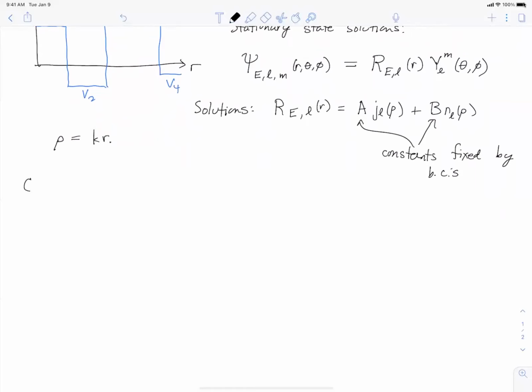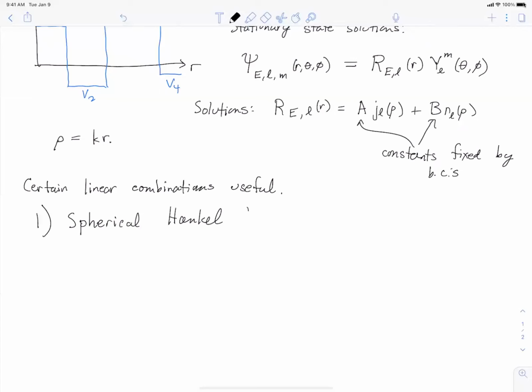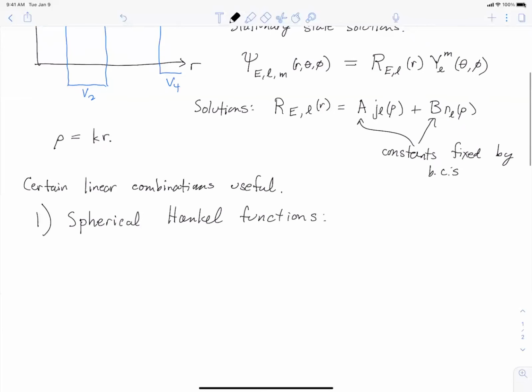So for example, there are combinations called spherical Hankel functions. And all they are is a certain linear combination of these JLs and NLs.